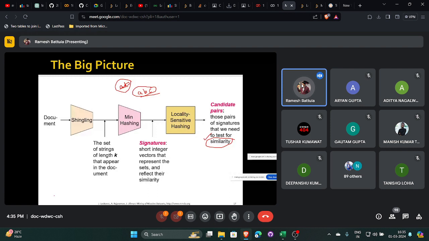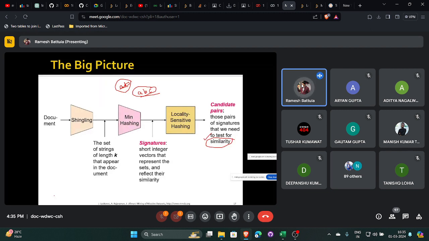According to web crawling, you need to observe duplicate and near duplicate documentation. But the main aim of this discussion, the big picture, is that we want to check the similarity.